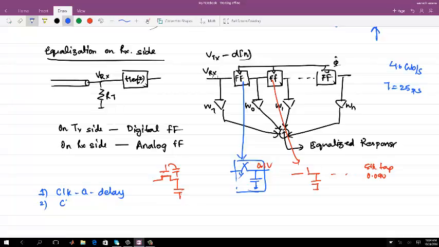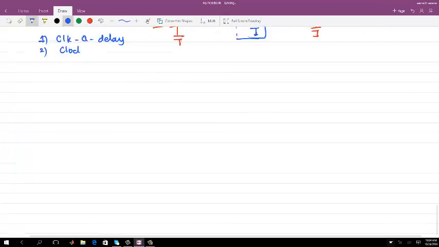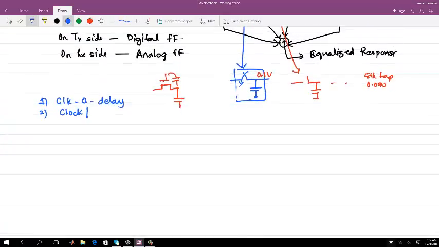Then you have clock feed through. The leakage of a signal, leakage of the held voltage. So all these are the drawbacks of this circuit. But if there is no other way to do it, you may try to get at least 1 to 2 tap cancellation with this.